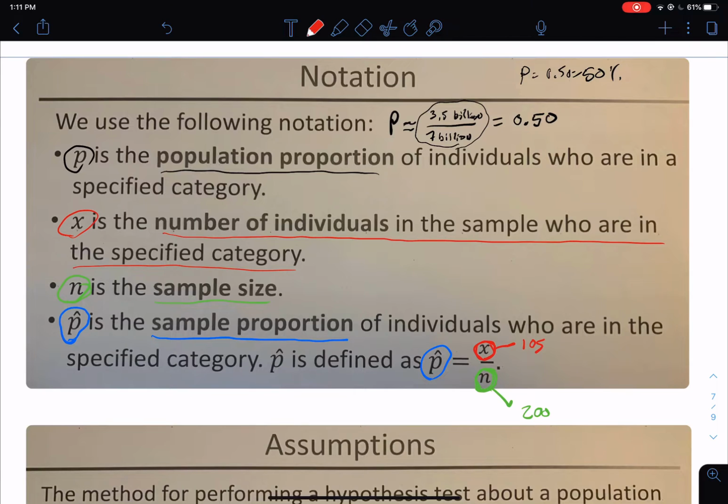We wouldn't exactly expect our sample proportion to be exactly like the population proportion. But we're hoping it's kind of close, and we have some statistics to try to figure out what that population proportion is, like hypothesis testing or confidence intervals. Okay, so there's the notation.